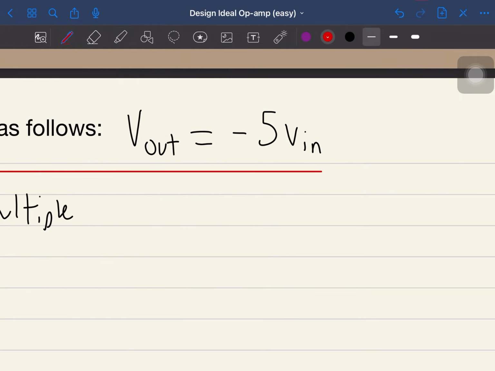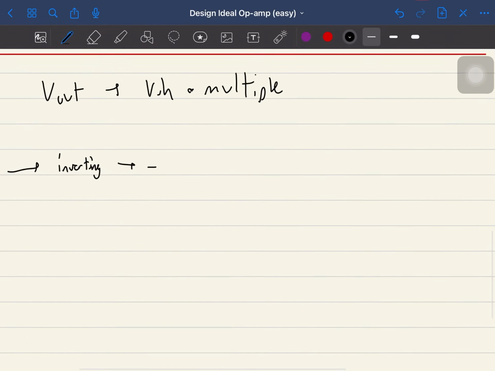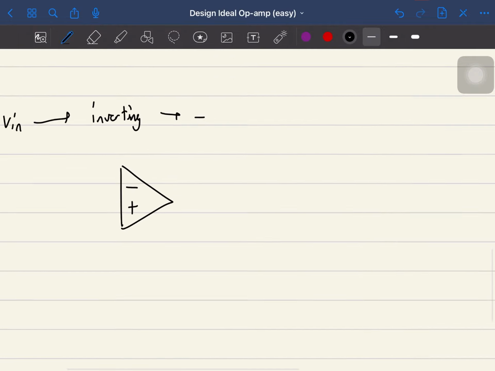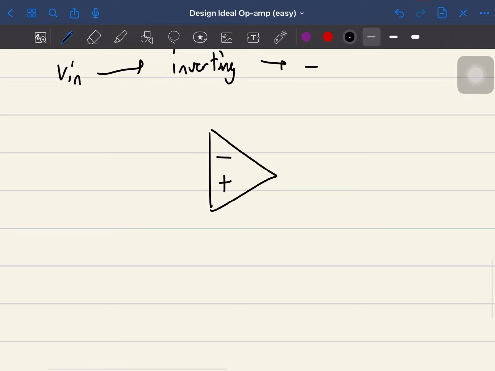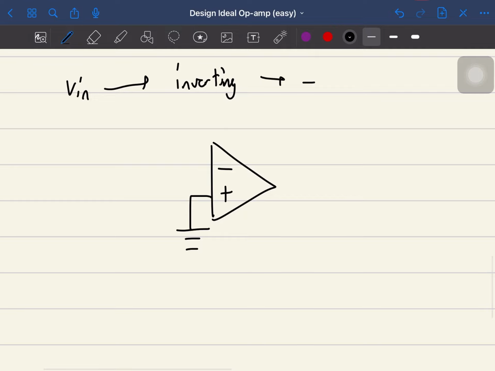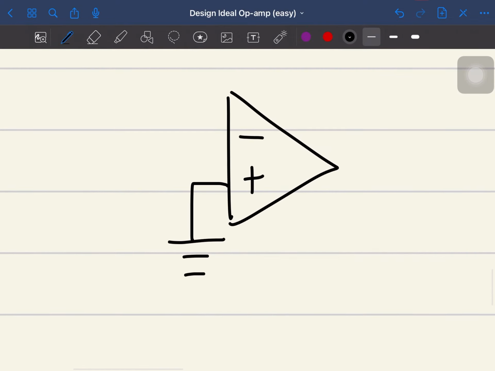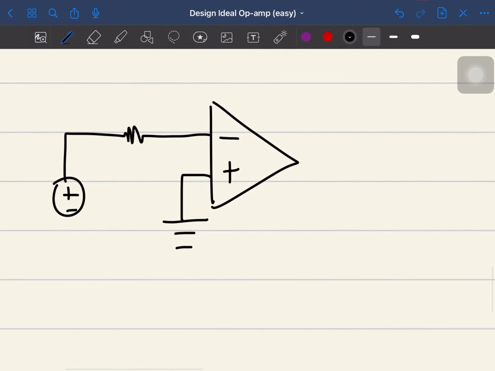So to design an inverting op amp, the generic model of an ideal one would be: the positive terminal will go straight to ground because we do not need any addition towards this number. We need a V in source coming to the inverting terminal with a resistor connected to it, and that will go to ground.